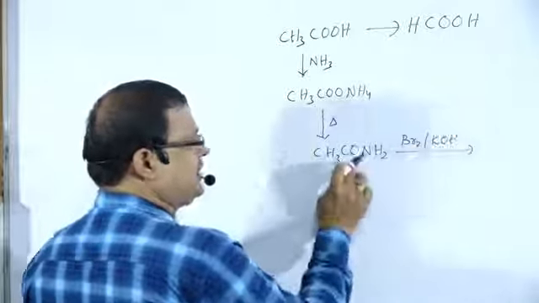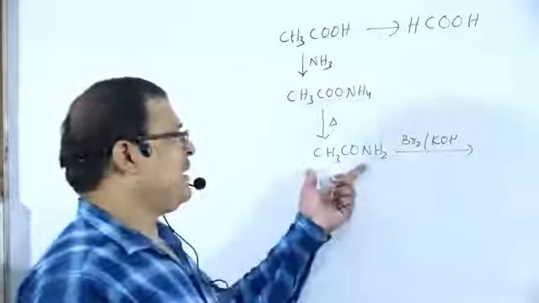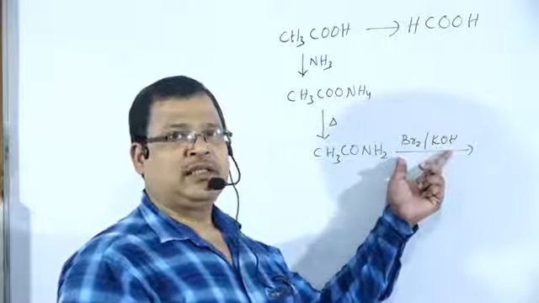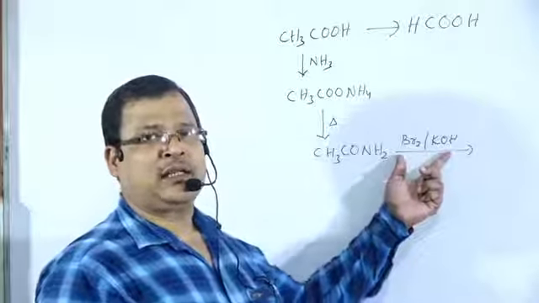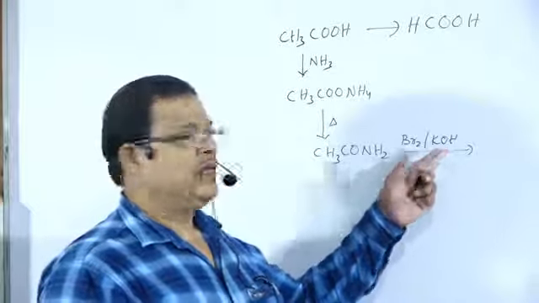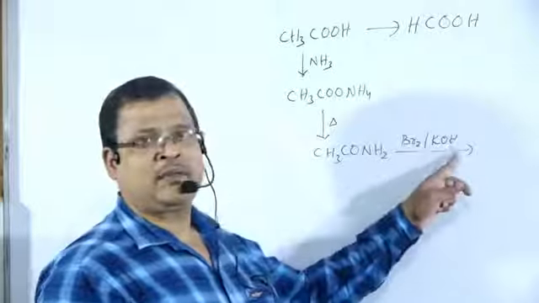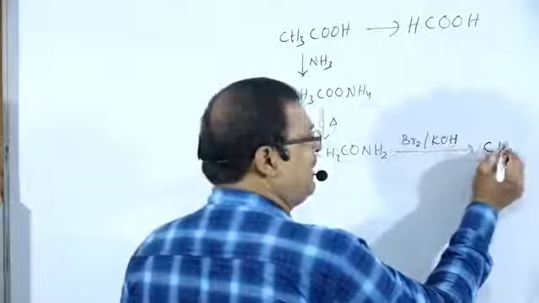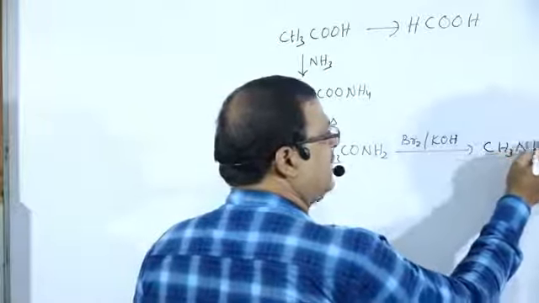So this acetamide that has been treated with Br2 and KOH, that is Hofmann's bromamide reaction. Bromine reacts with amide in presence of the base KOH, and there is the formation of an amine with one carbon atom less.